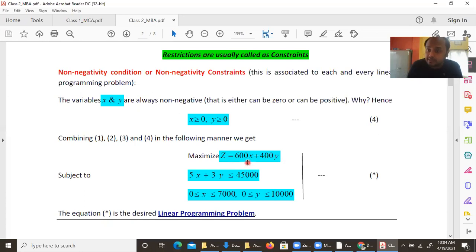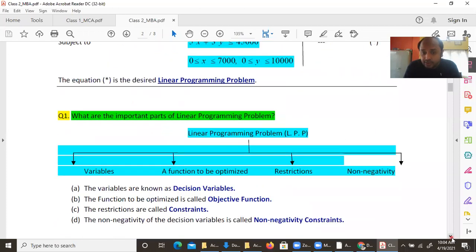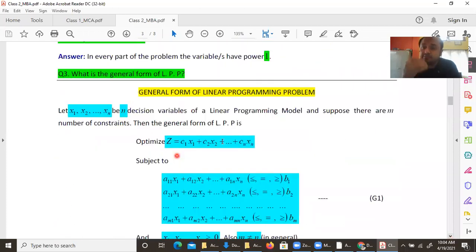Sometimes it is called the per unit contribution: the per unit contribution of the variable x is 600 and of the variable y is 400. In the general case, the per unit contribution of x1 is c1, of x2 is c2, of xn is cn, and all these per unit contributions are added together.